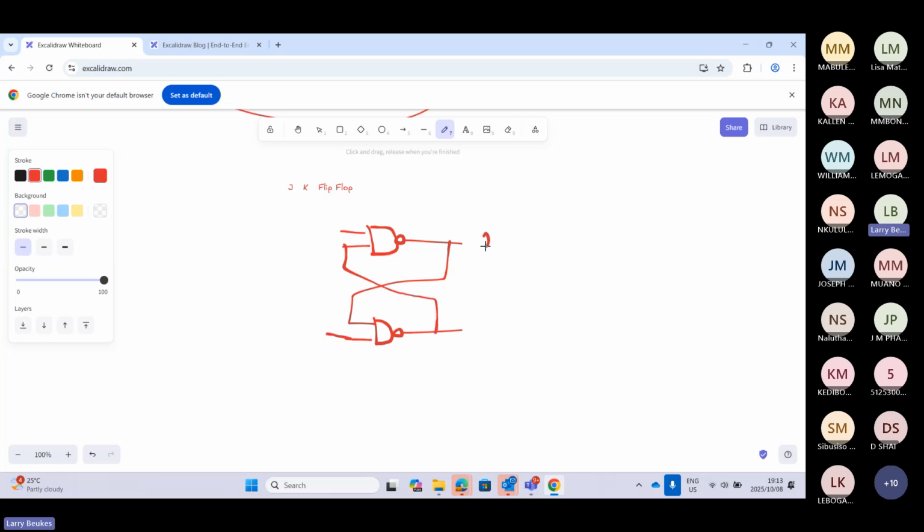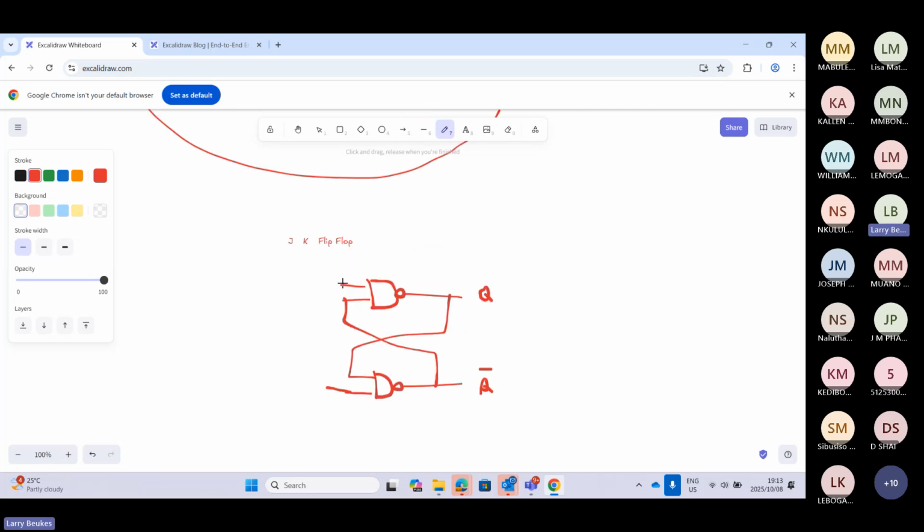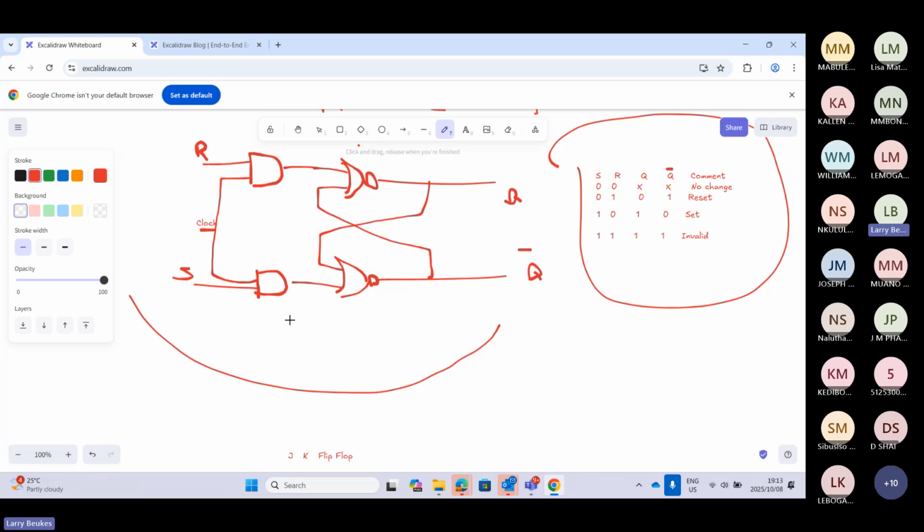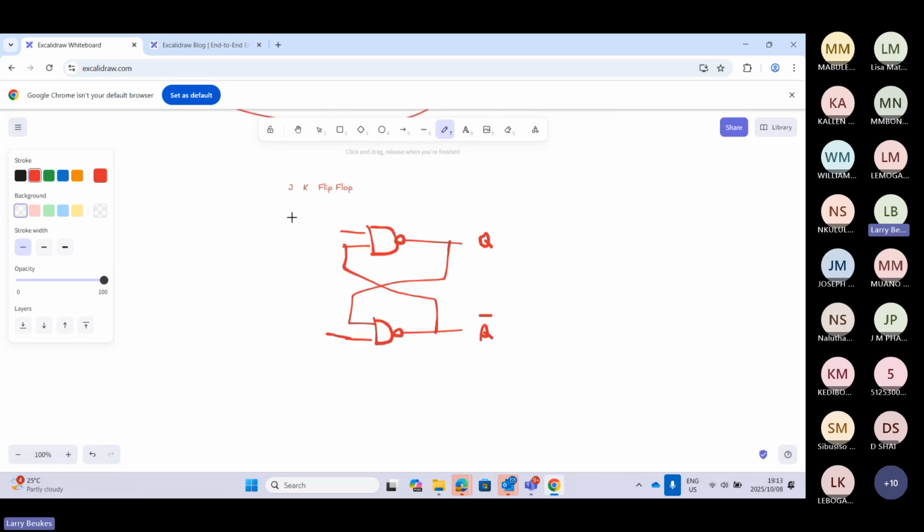Then we know, for example, this is Q naught. Then we need to couple it with something. So we're going to couple it with NAND gates. This one we couple with NAND. Here again, NAND.